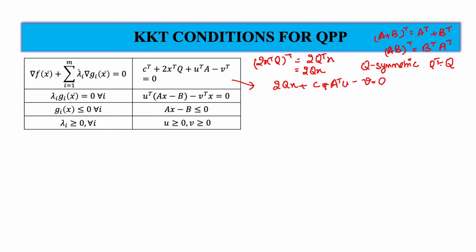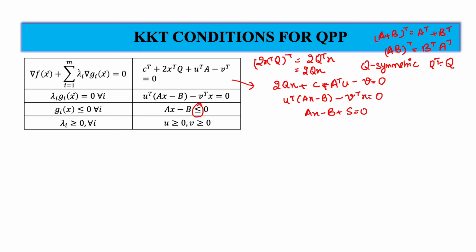Second equation we will keep as it is: u transpose (Ax minus b) minus v transpose x is equal to 0. Third equation, we will convert this inequality into an equation by using a slack variable, as we discussed in the linear programming problem.